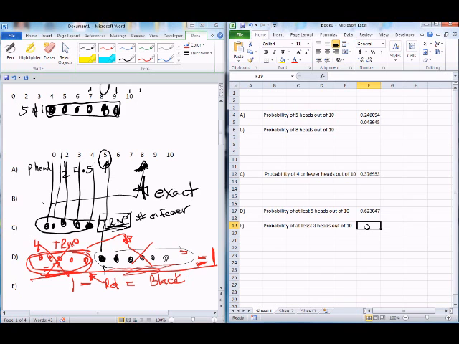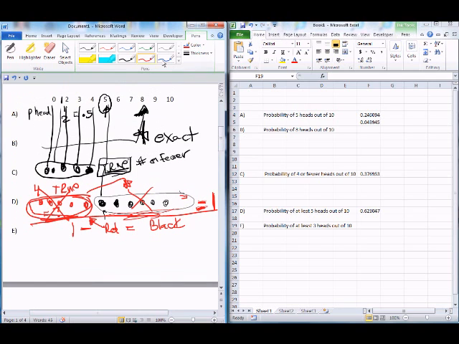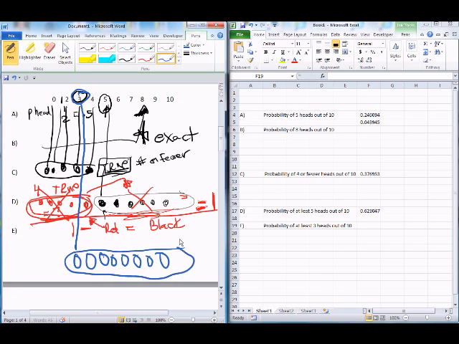All right, so we're going to try this one more time. I want the probability of at least 3 heads. That means I want the probability of at least 3, which means 4, 5, 6, 7, 8, 9, 10. I want to calculate this, but Excel won't calculate this.